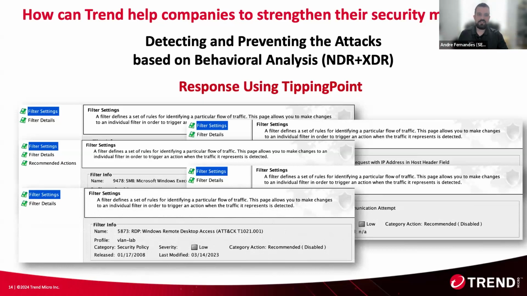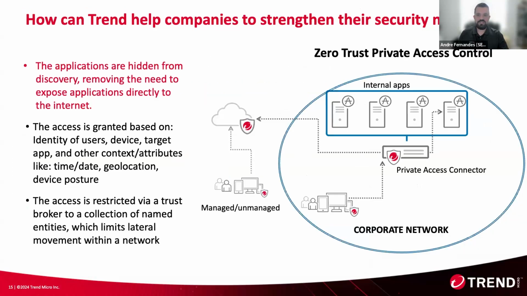But other than playing with these network security solutions, the IPS and the NDR, another possibility, since GlobalProtect is positioned as a zero trust platform, one of the tools that Palo Alto is offering to the market to let remote employees keep accessing the business applications, right? So one of the possibilities would be the Trend Zero Trust platform, the private access control, as you can see here.